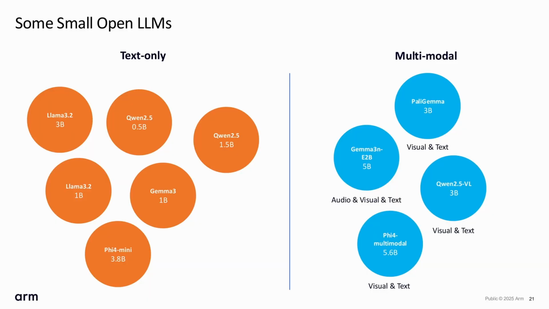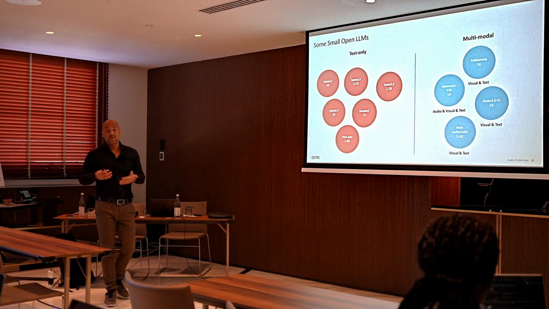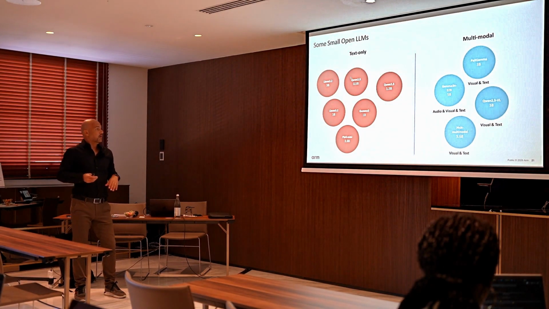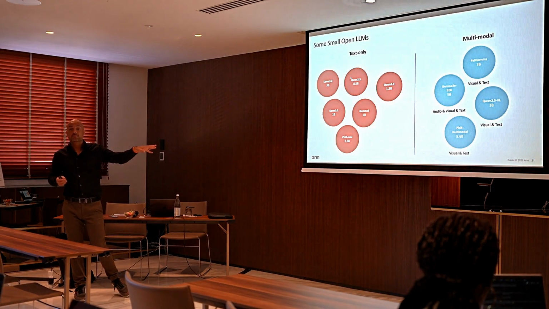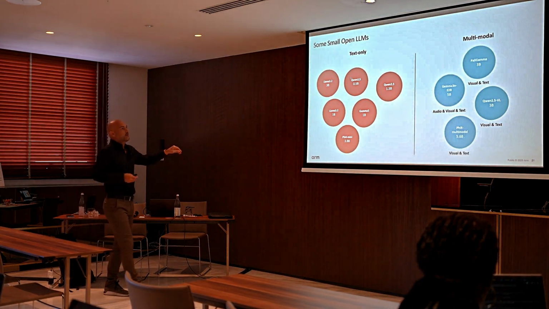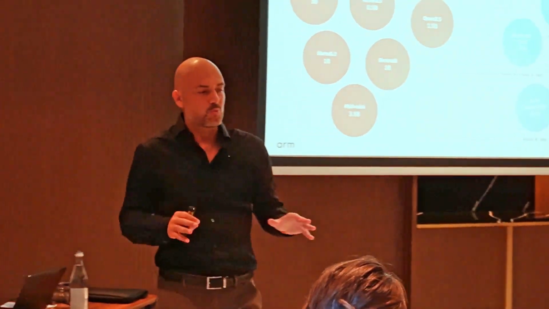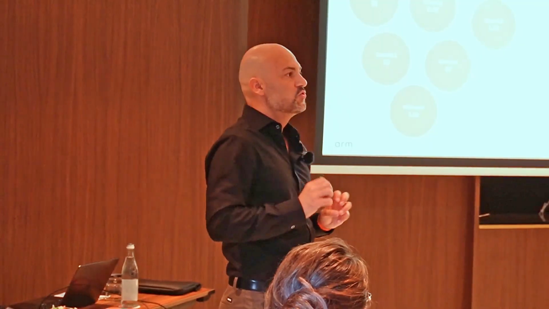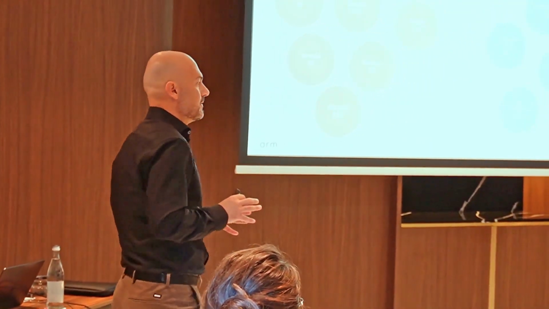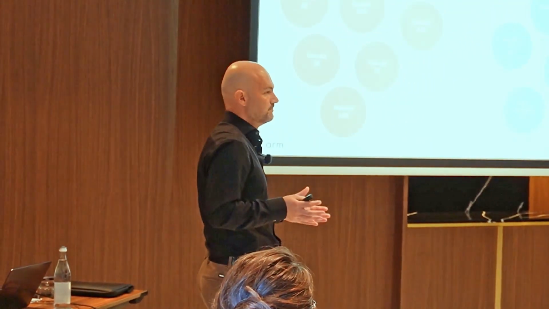For text only, we can also have quite small, very small, but at least 0.5B, so 500 million parameters. You can find quite a lot of 1B, very important. But for multimodal, which are very, very powerful, it's not super easy to get something small.